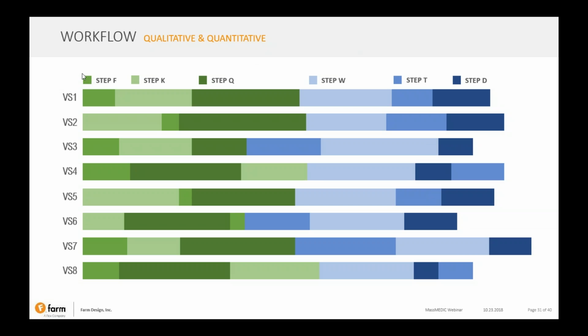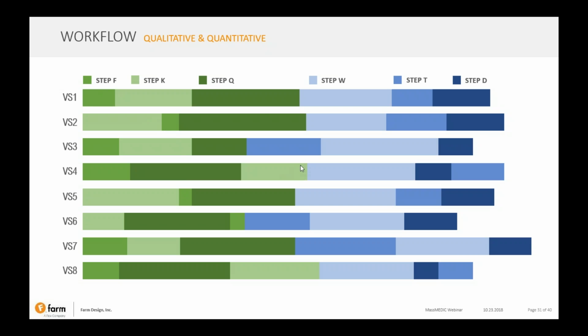So what this chart shows is each row here is a different vascular surgeon, and each color is a different step in the workflow. And it shows both length in the physical length of the bar and step differentiated by color, as well as the order. The order of steps is also here. So you might see this step is being done first by surgeon 1 and second by surgeon 2 and 5.